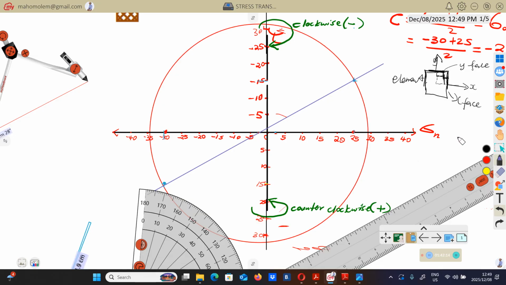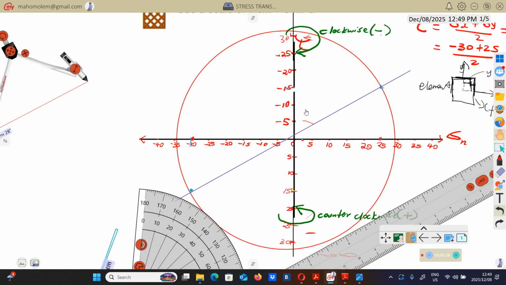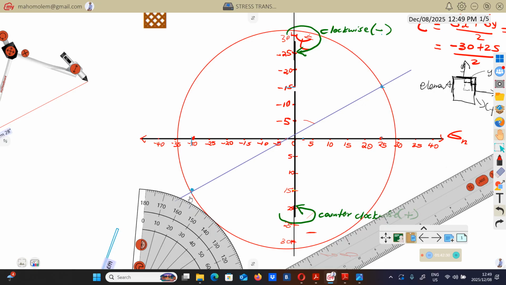So what I was trying to say is that when you check from your element, the 30 acting on the X face is negative 30. That's why I'm going to say from here to the negative 30. Remember, the negative 30 is going to be the X face. Then from here to 25, 25 is the normal stress on the Y face.